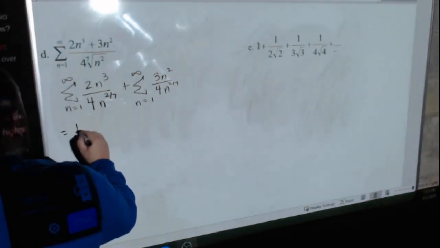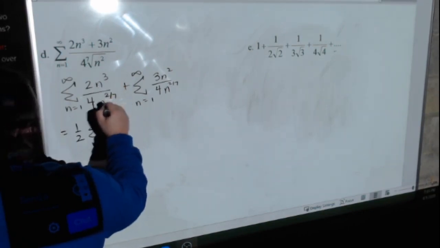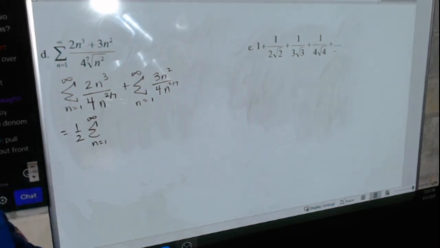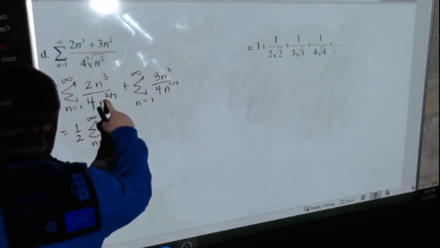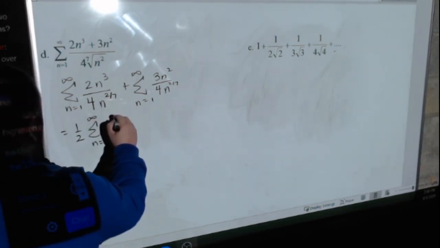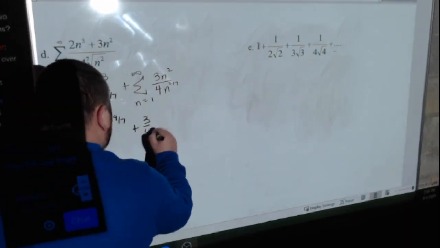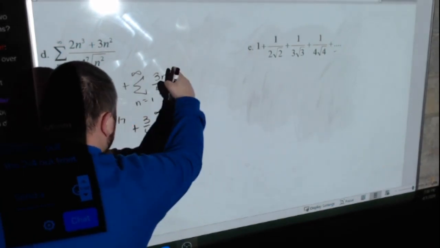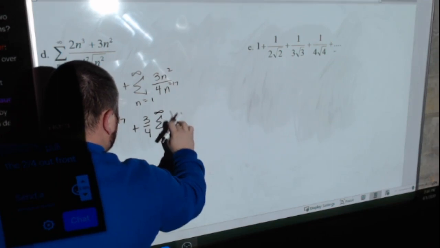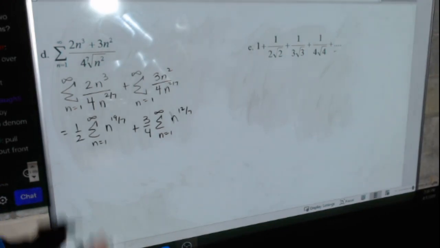So this is 1/2 sum. Now we've got n cubed over n to the 2/7, so I would subtract the powers. This is going to be 21 minus 2, so 19. And this one would be 3/4 sum n equal 1 to infinity. This is going to be n to the 12/7. But again, I need 1 over.